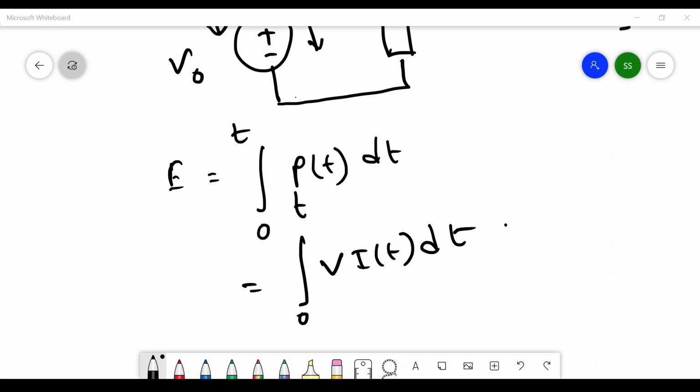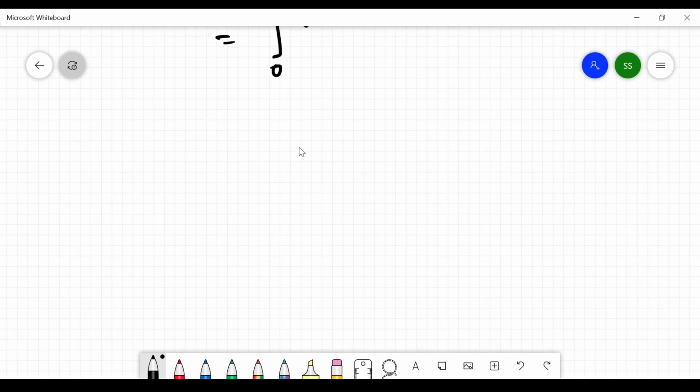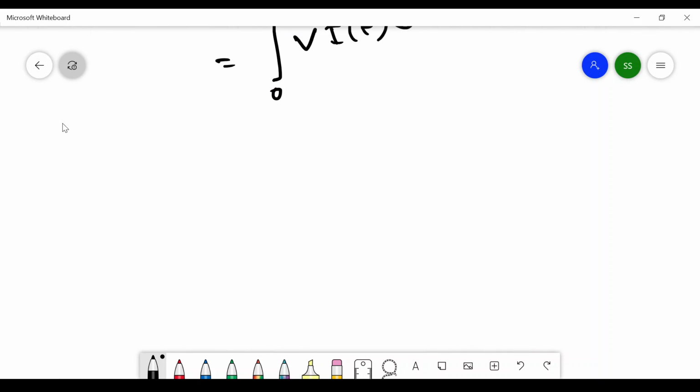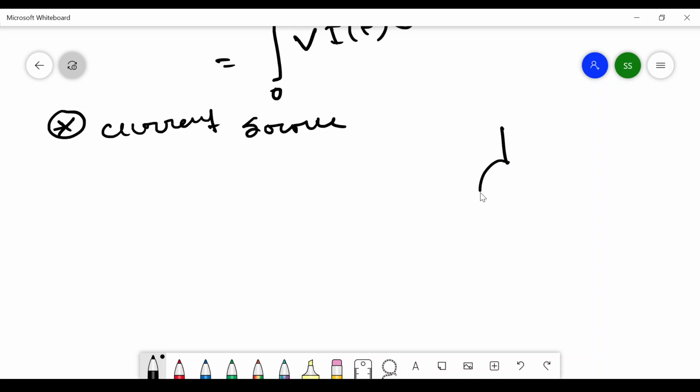Now the next element we will be looking at is the current source. So let us draw a particular current source. How does the current source look? The current source looks like this.